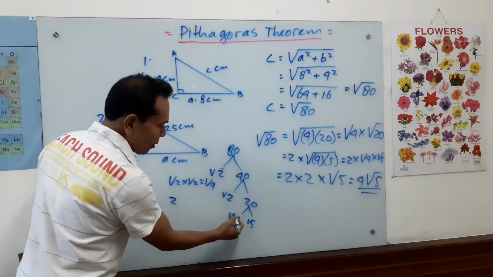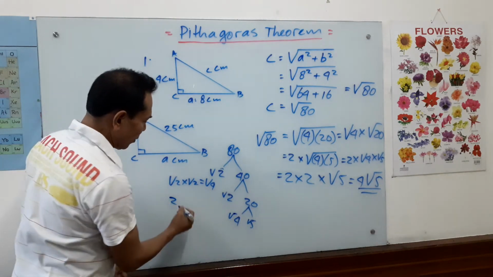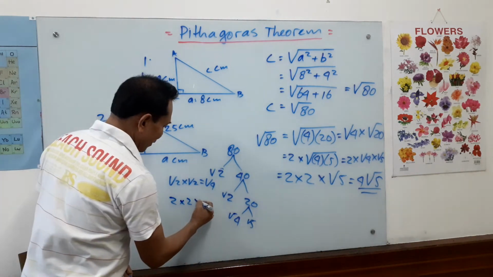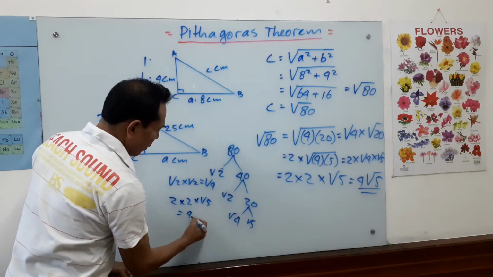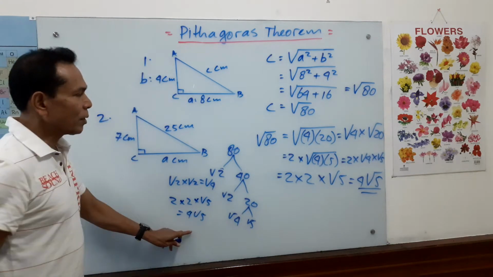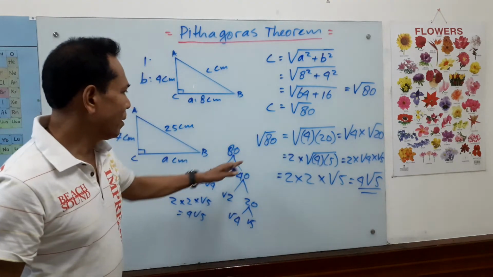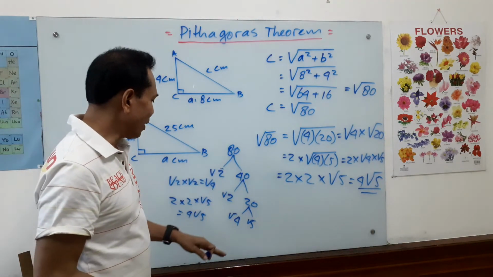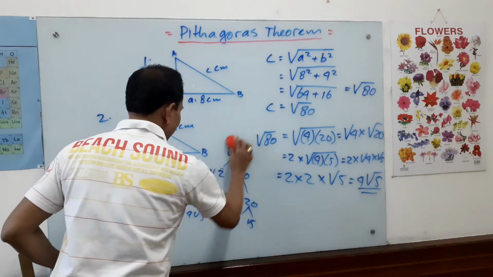Now 4 is also under a square root, so square root 4 is 2. So we have 2 times 2. Square root 5 we cannot break, so we just leave it, times square root 5. So it equals 4 square root 5. Exactly the same. So you use this way to simplify square root 80, you get it. You use factor 3 also, you get 4 square root 5. Okay, so we erase this.